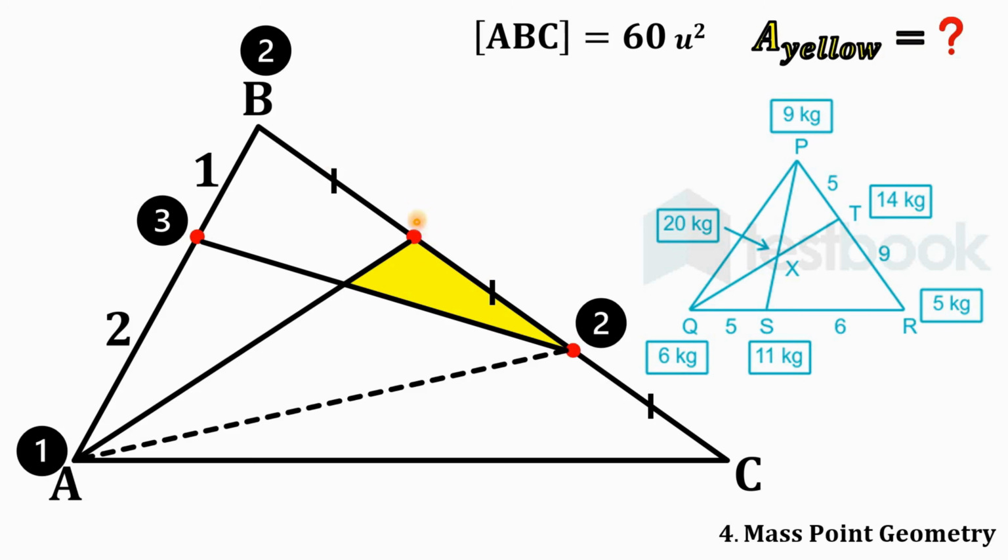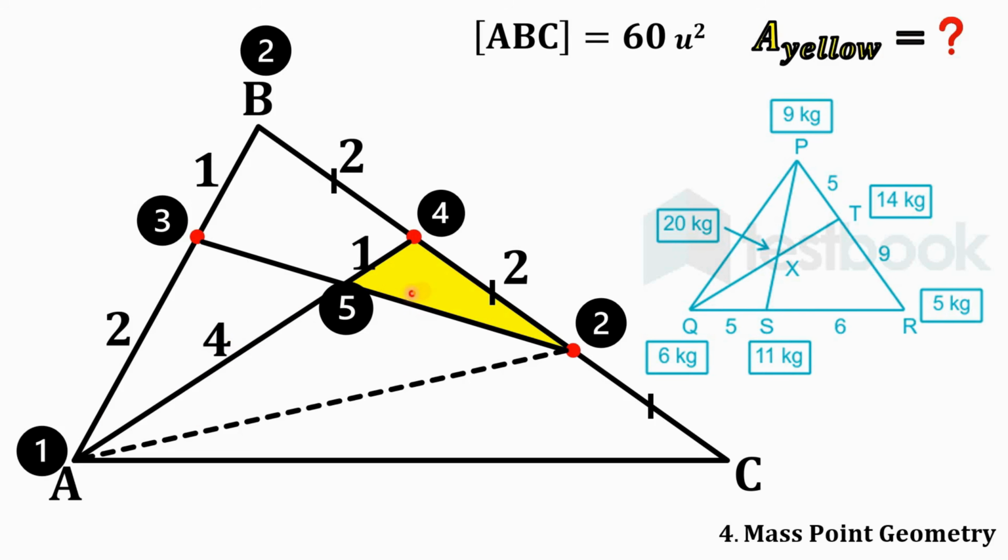And the mass of the point between them must be equal to 2 plus 2 or simply equal to 4. Now, these two segments having a mass of 2 and 2. The mass of this point between 1 and 4 must be equal to 1 plus 4 simply equal to 5. Now, the ratio of these segments must be equal to 1 is to 4.